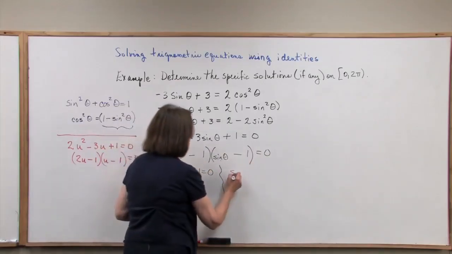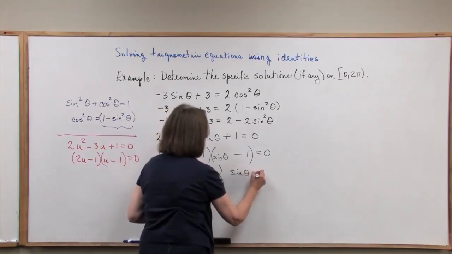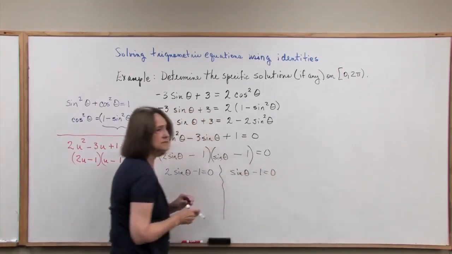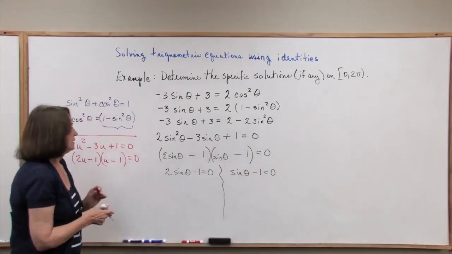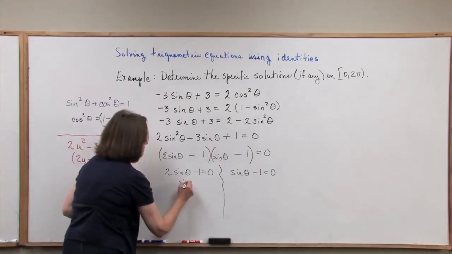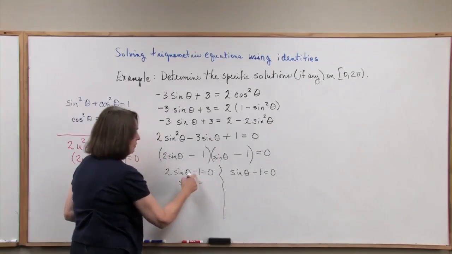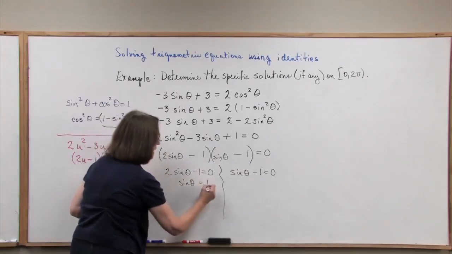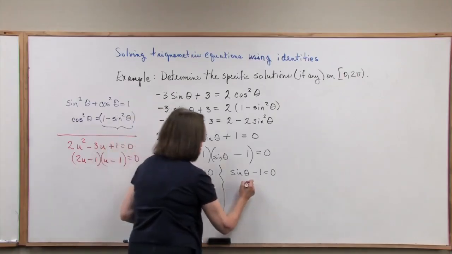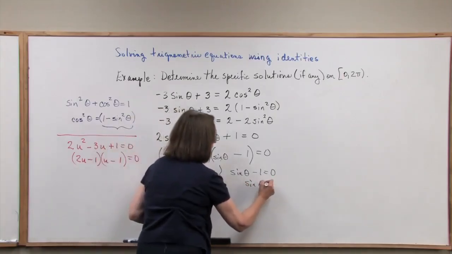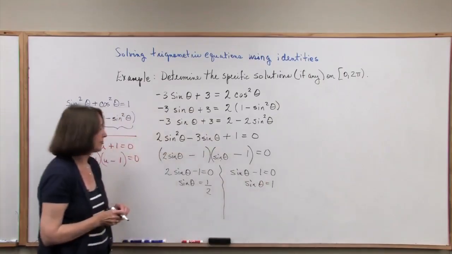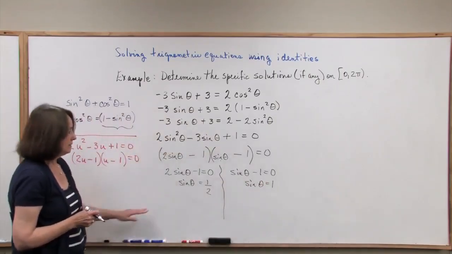Then set this factor, sine theta minus 1, equal to 0. Sine theta will then equal, add 1, divide by 2. Here, add 1. Okay.